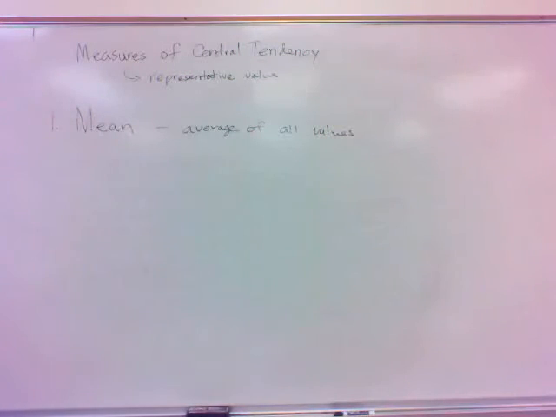Let me throw a little bit of notation at you. How do we calculate the average? If I've had a class of 30 students, I would add up all 30 scores and divide by 30, right?